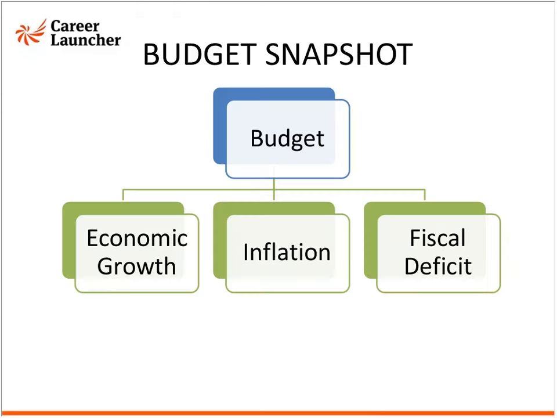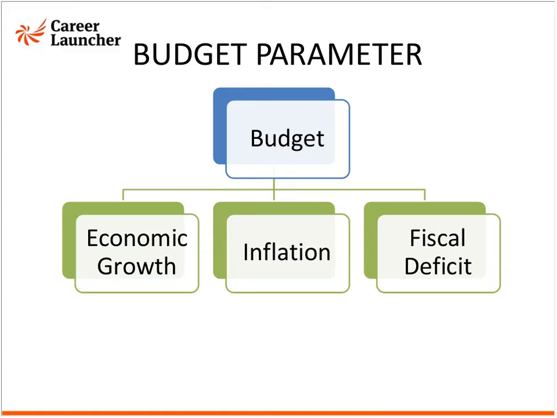I hope that's clear. Now coming to the parameters of a budget. This is how you analyze a budget. A budget has three most important parameters or outputs to be achieved.